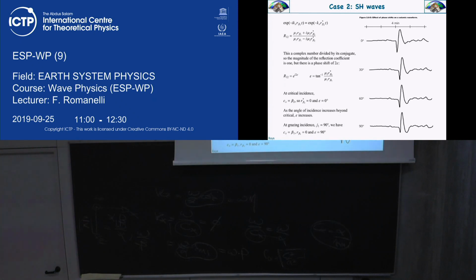It has to be 1. All the energy now is not going down. But if you move to incident angles that are larger and larger, you see that the wave train is changing because now it has a phase. You're changing the phase of the signal, not the amplitude. So actually, it's just a different way to look at what you called critical reflection in optics, I think. Here it's more complicated.